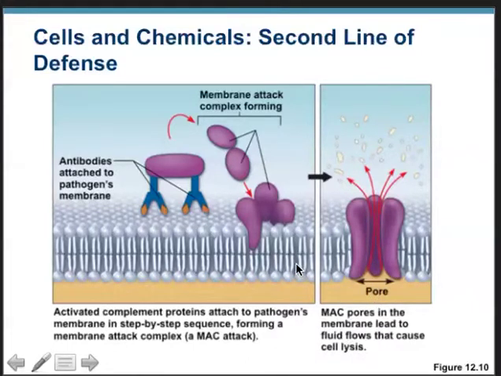This can be triggered by antibodies binding to antigens on the membrane of the infected tissue or of the invading pathogen. It can also be triggered directly by the presence of unusual components that are found on the surfaces of microbes. Components, for instance, of the cell wall can also trigger this response, among others.